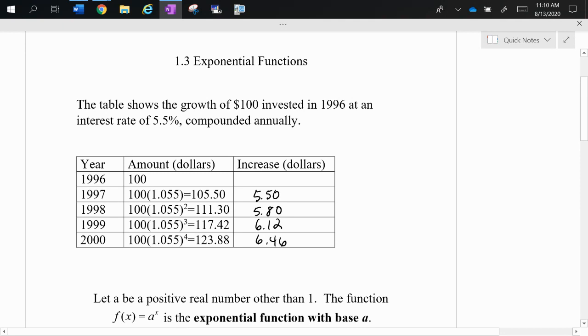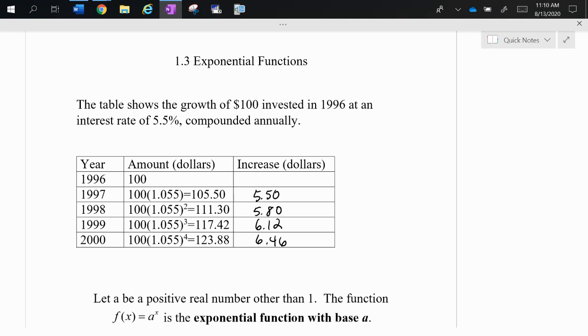So what we see is that the amount that you have is increasing, but it is not increasing at a constant rate. When we have a linear situation, we have a function that increases at a constant rate. When we have an exponential function, we have a function that is increasing by a fixed percentage. That's the definition of exponential.